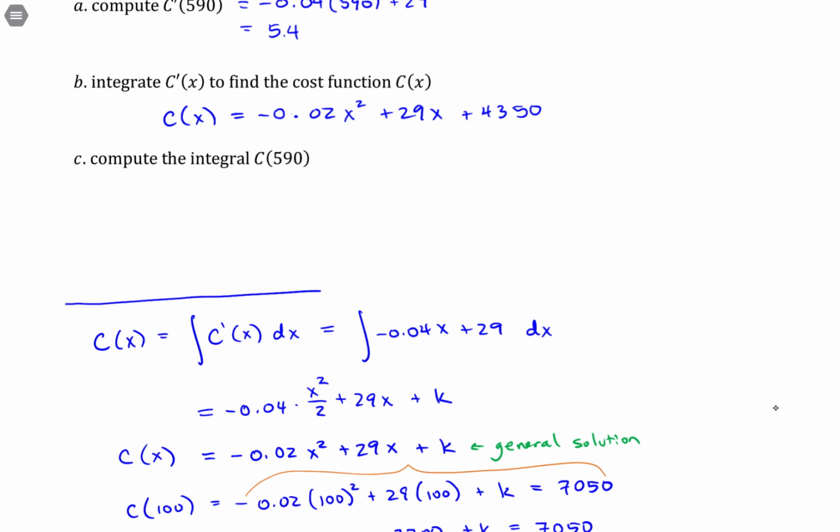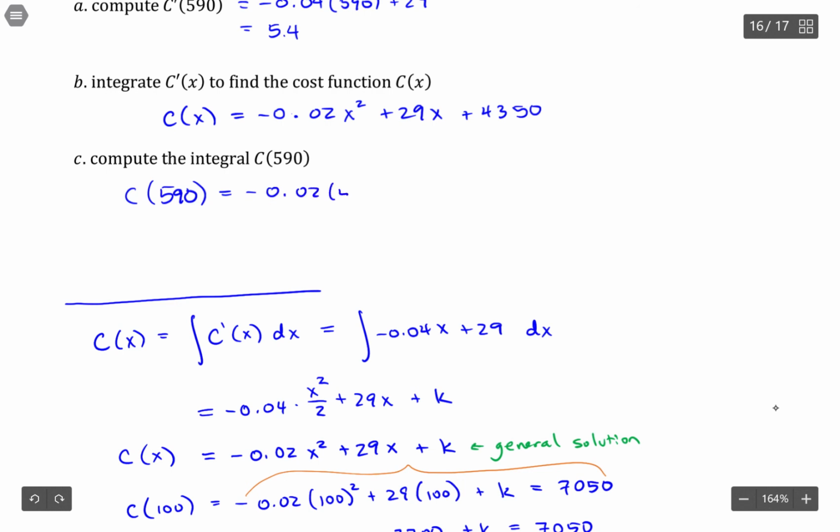Okay. Now, if I want to compute C of 590, effectively I just want to know the cost of producing 590 units. So that would simply be C of 590, and I plug that right into my cost function.